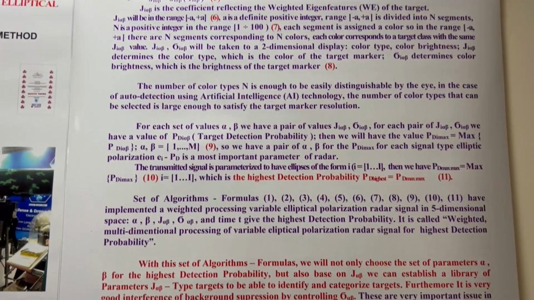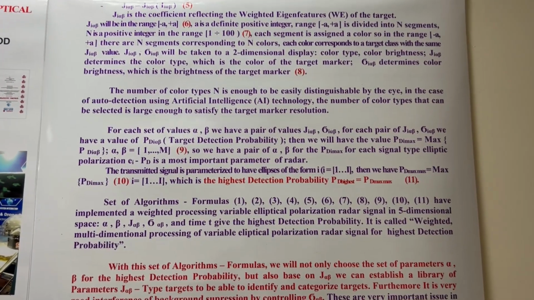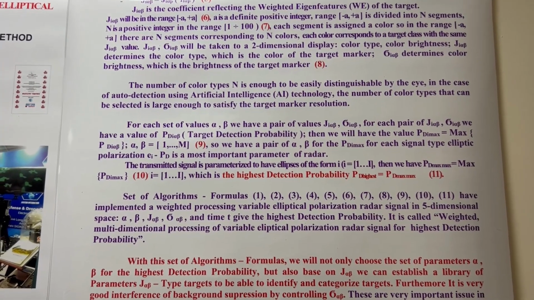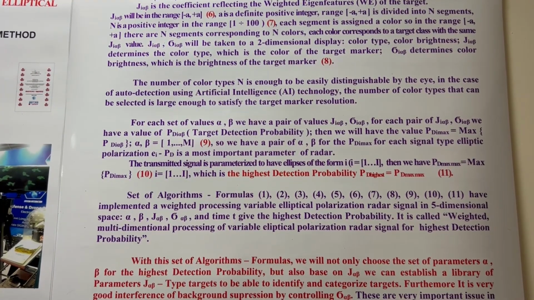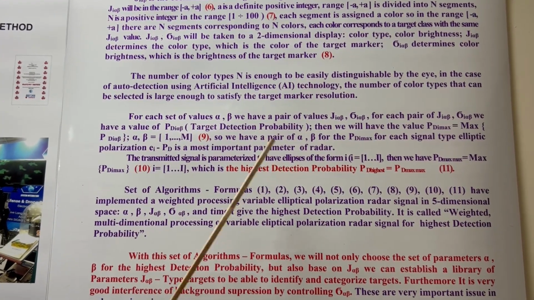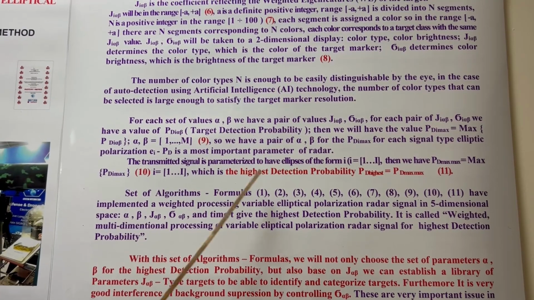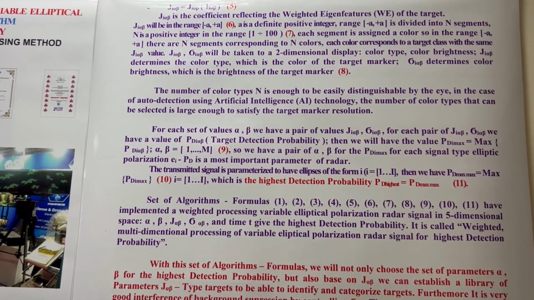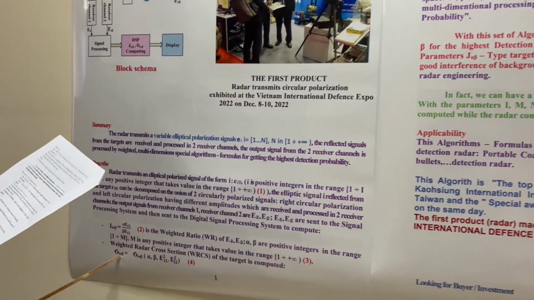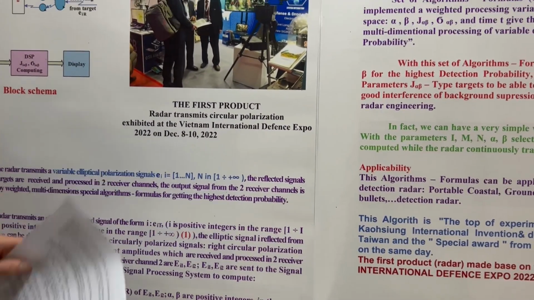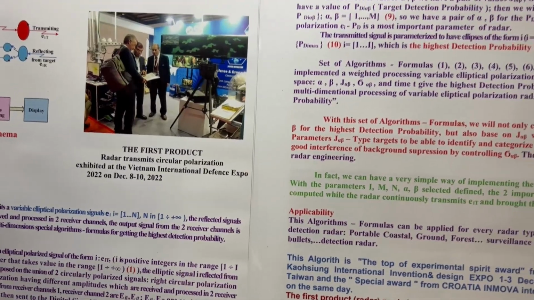G alpha beta determines the color type, which is the color of the target marker. Targets with different polarization character will have different colors. It is a very important advantage of this method. Sigma alpha beta determines the color brightness, which is the brightness of the target marker.